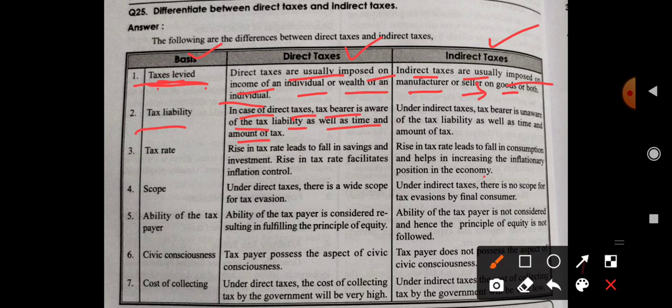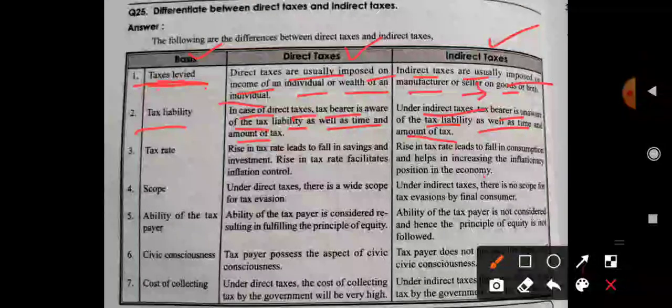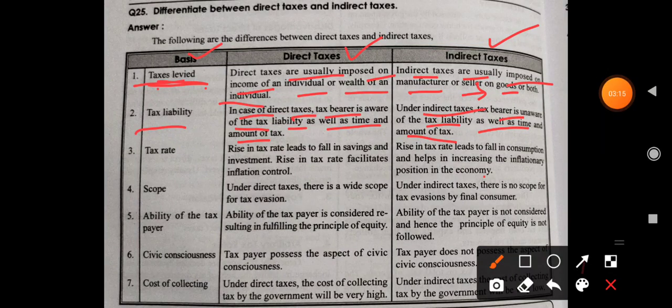Whereas in indirect taxes, the tax bearer is unaware of the tax liability as well as the time and amount of tax, because when you purchase a product or service, say you are purchasing Lux soap, how much tax is included in that product you don't know.